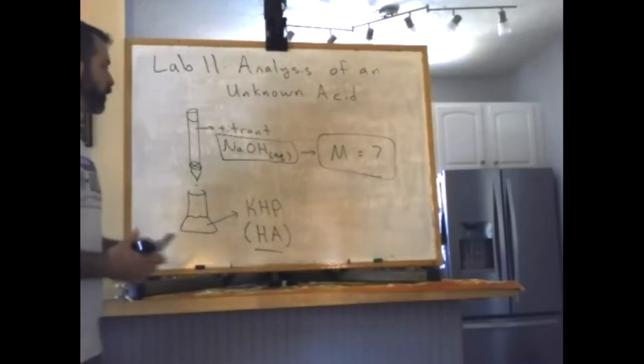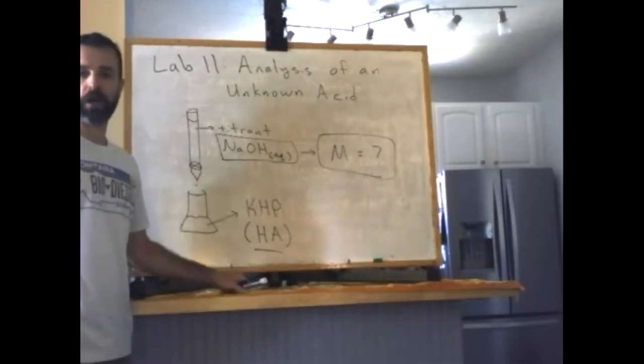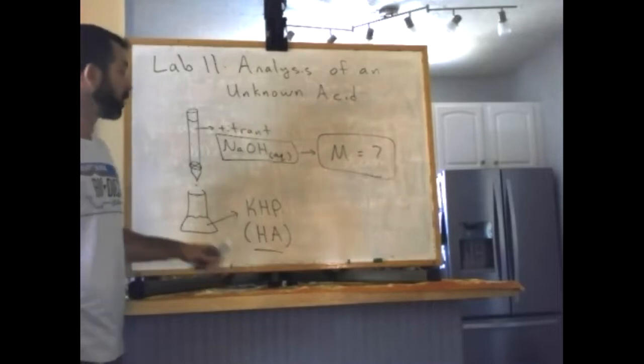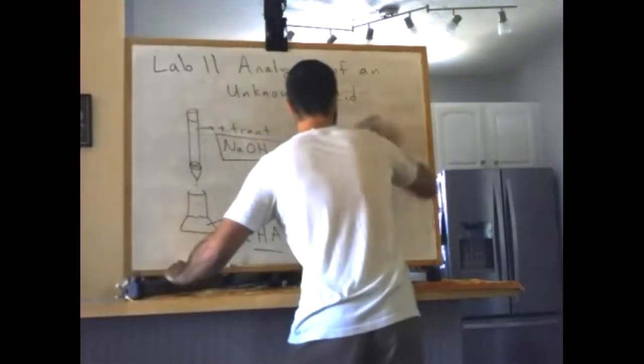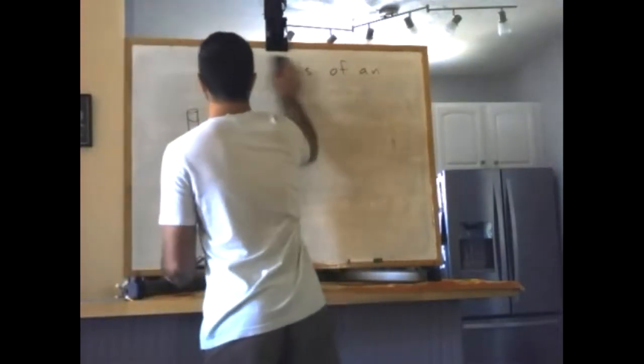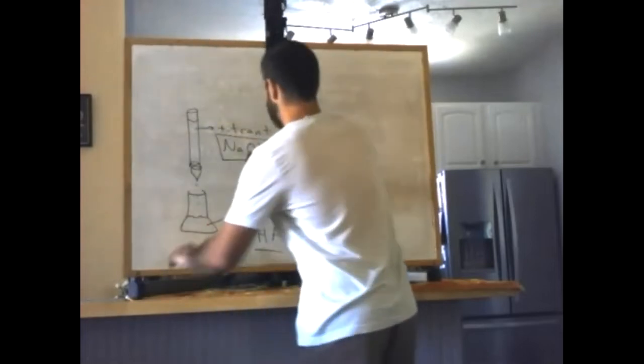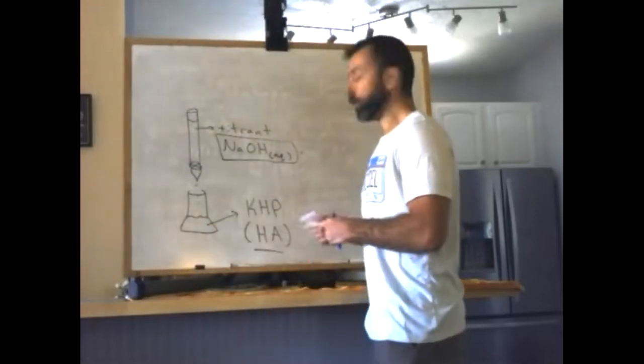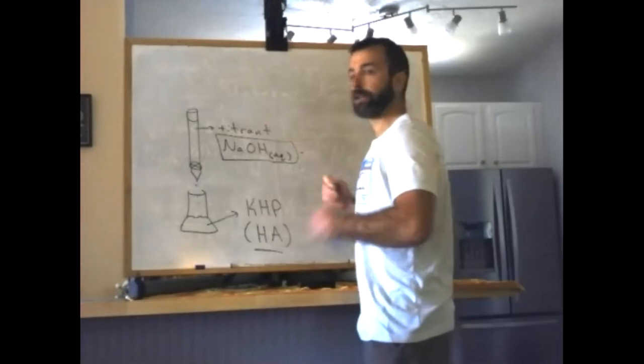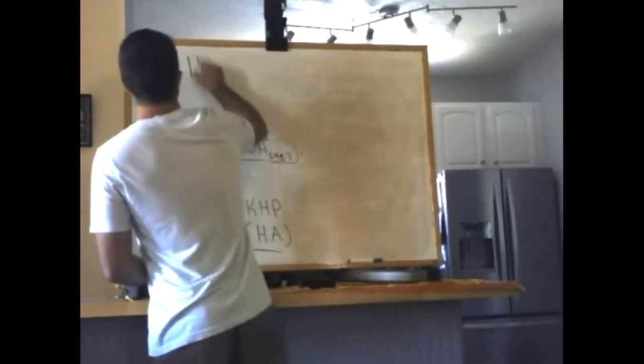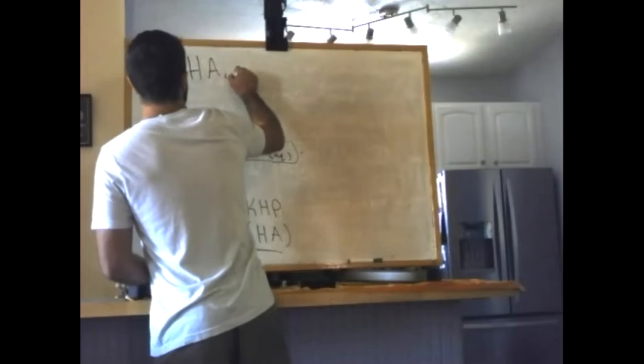Okay, so how do we use a titration to determine the unknown concentration of sodium hydroxide? Well, we need to think about the chemical reaction that takes place when we start adding sodium hydroxide to our weak monoprotic acid. We'll call it HA. So a chemical reaction happens, as you're all aware of.